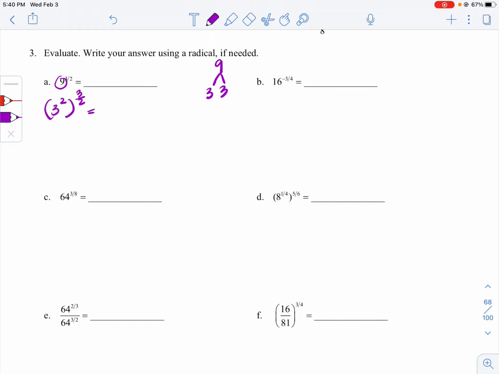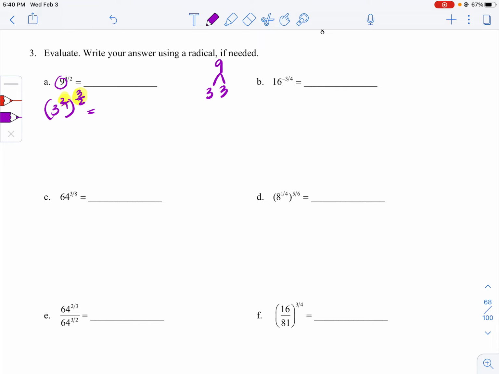And I have said earlier, power of a power. When you have two powers separated by a parenthesis, you can multiply the two powers. So what does that mean? Does that mean that I can multiply 2 times 3 over 2? Yes. And remember, when you multiply, there's technically a 1 in it.